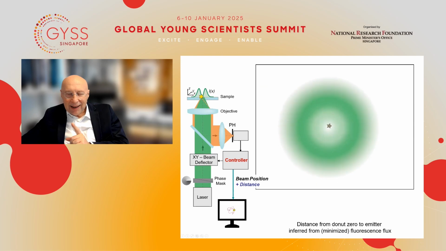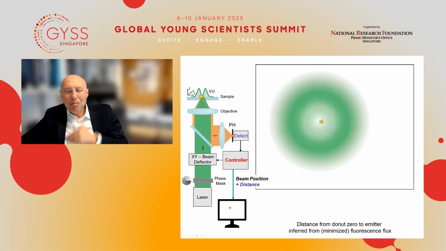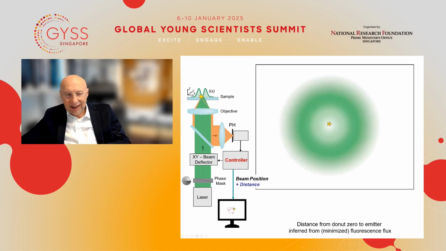Now, this method requires much fewer fluorescent photons than the initial method that you've heard before, the one that has been used for decades. Why? Because it comes closer to that ideal that requires no emission. So we save many fluorescent photons that we need to get a certain precision.